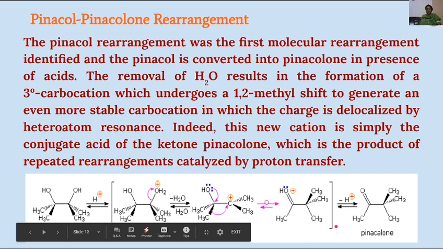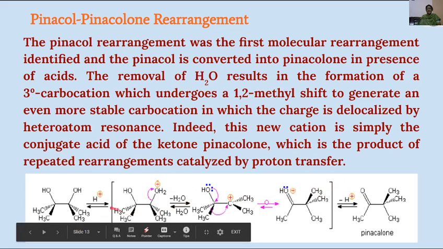Further, upon deprotonation, that is the removal of a proton, this intermediate is converted into pinacolone, which is also called the conjugate acid. So it is the product of repeated rearrangements catalyzed by proton transfer.